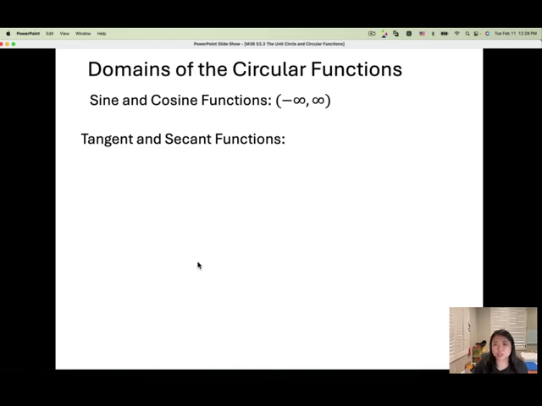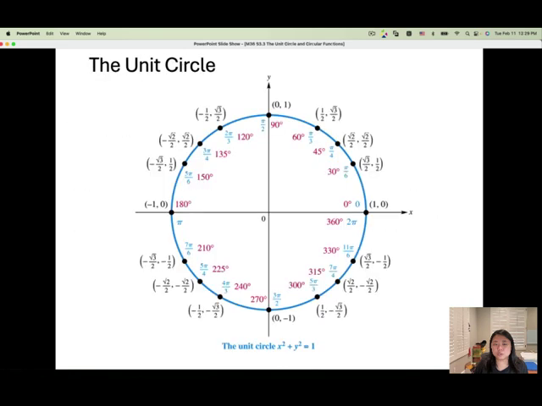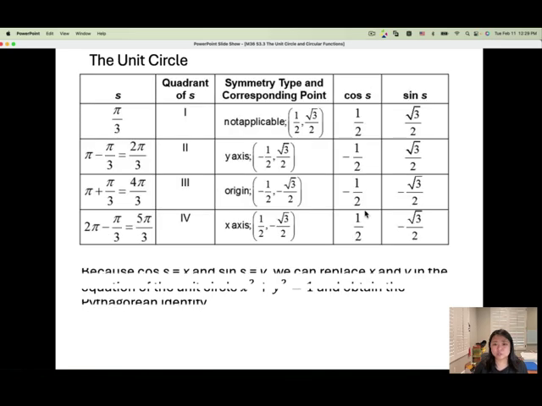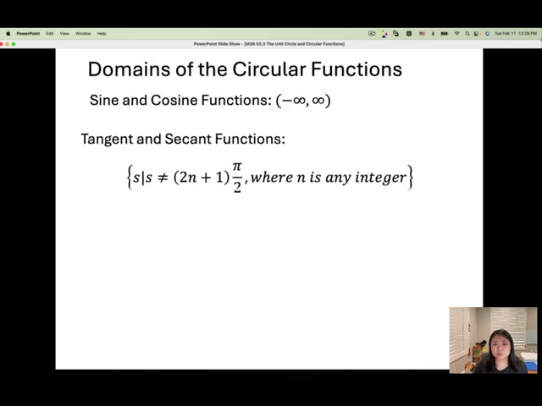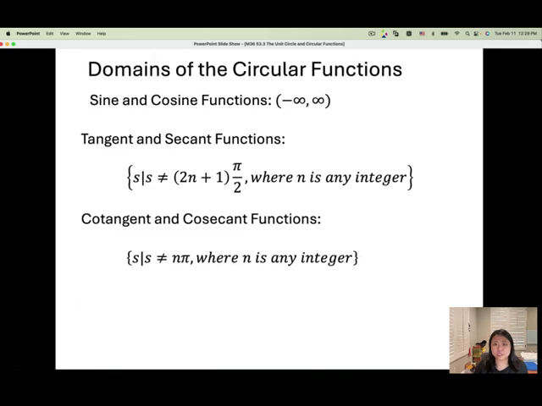So this is talking about all the 0 and 180, 360, and you keep going on it. Cotangent and cosecant will be equal to undefined at this point. Okay, so that's the domain here.